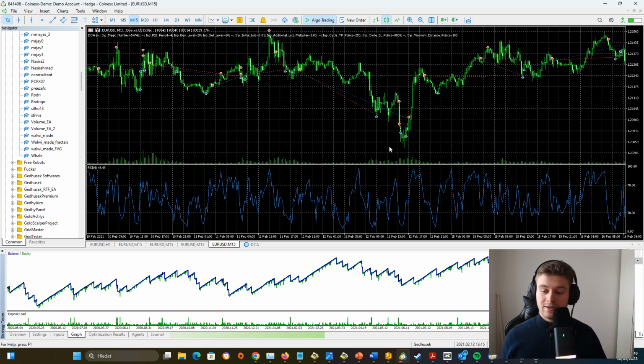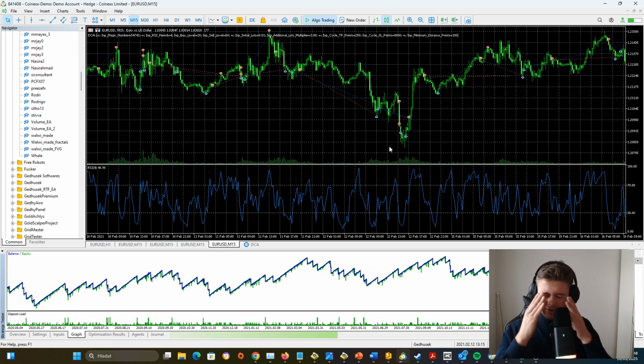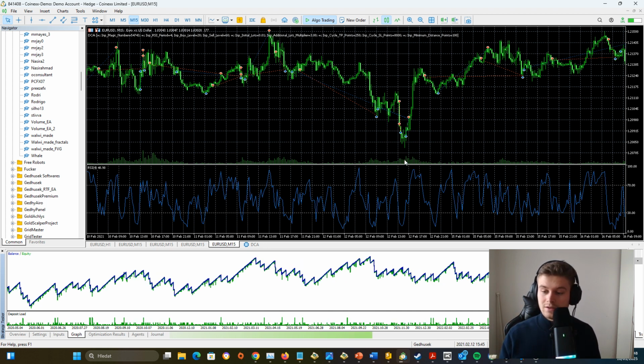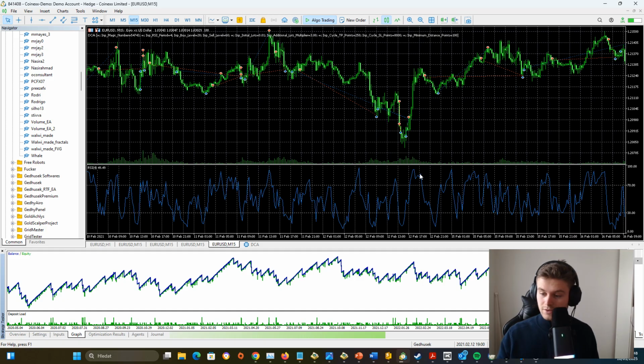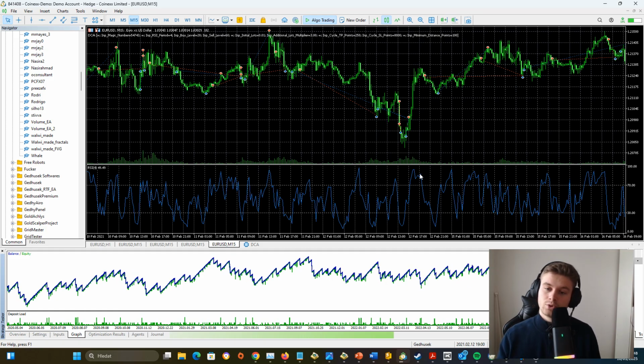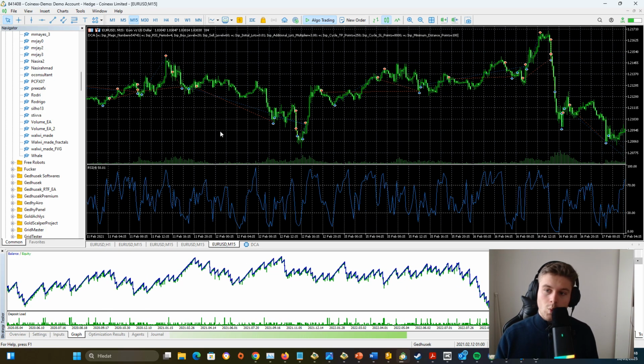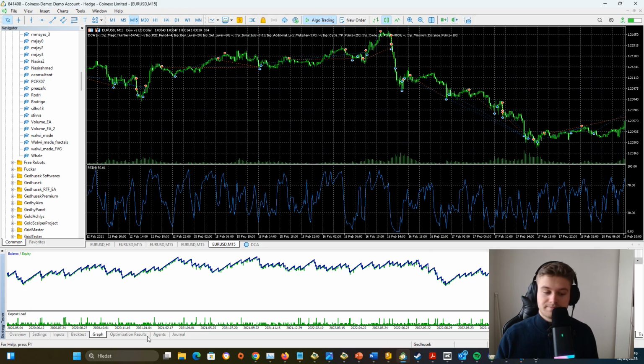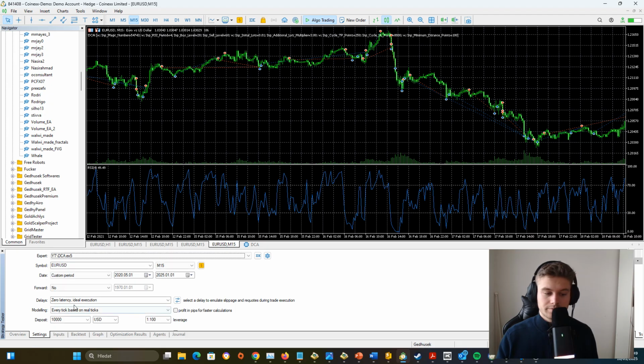So here you can see that with every tick based on the real ticks data, it doesn't work so well. That's because of the spread, delays, stuff like this, and also because the EA uses very, very tight take profits. But that's something we have to work with.